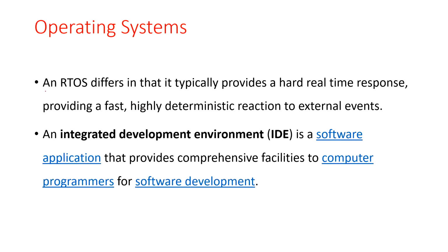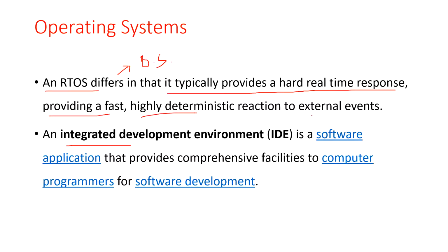Then here we should know what RTOS and an integrated development environment are. The RTOS differs from a general purpose OS in that it typically provides a hard real-time response, providing a fast, highly deterministic reaction to external events.